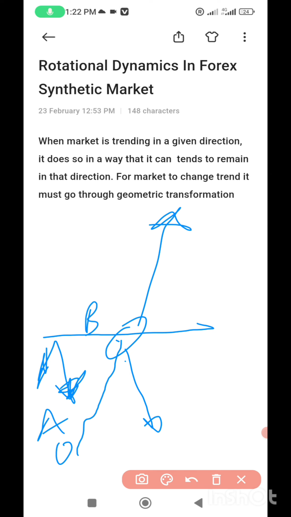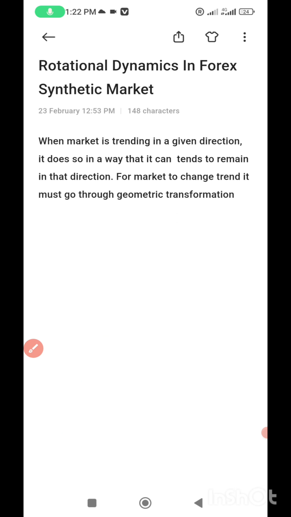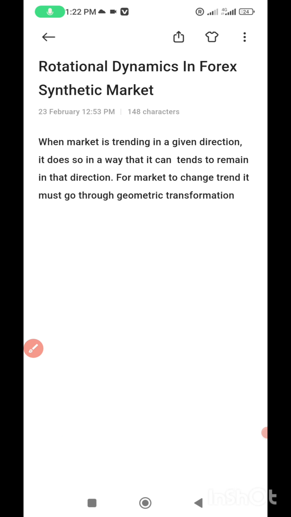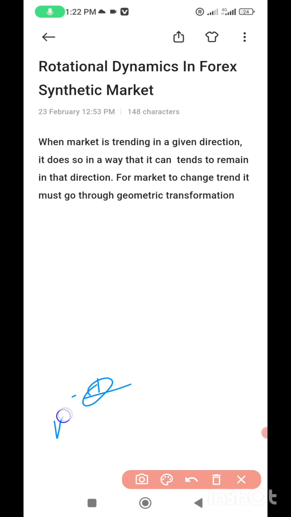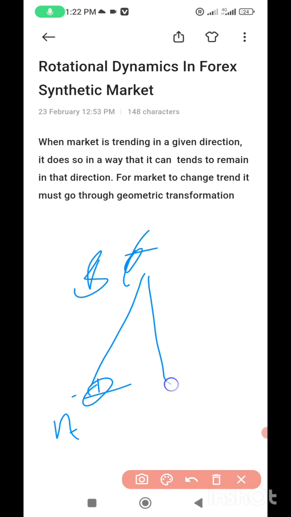But if it does change direction, it will be a natural event and it will pass through geometrical transformation. In most cases, geometrical transformation comes with different types of transformations. You can see a market that leaves a point A, flies to a point B and immediately changes direction with little or no geometrical transformation.